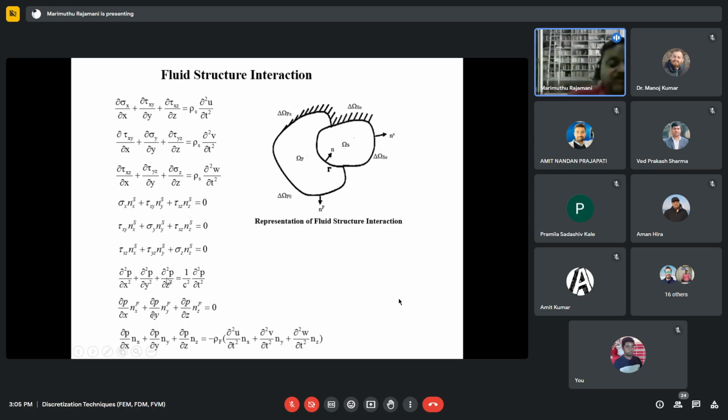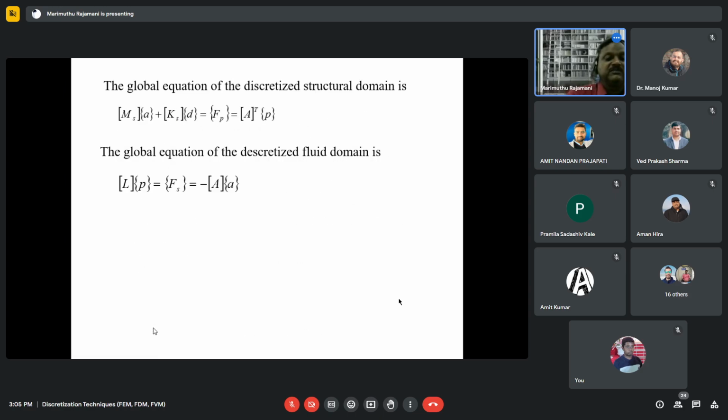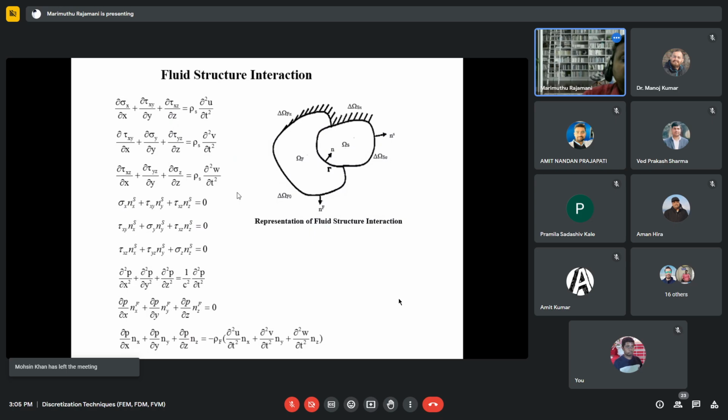Actually, you will get one more term, m of p, mass due to the fluid, which contains the 1 over c squared term.